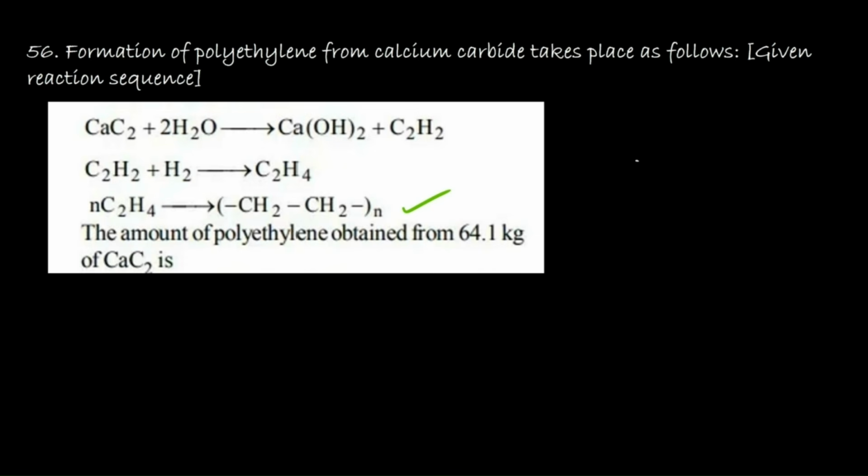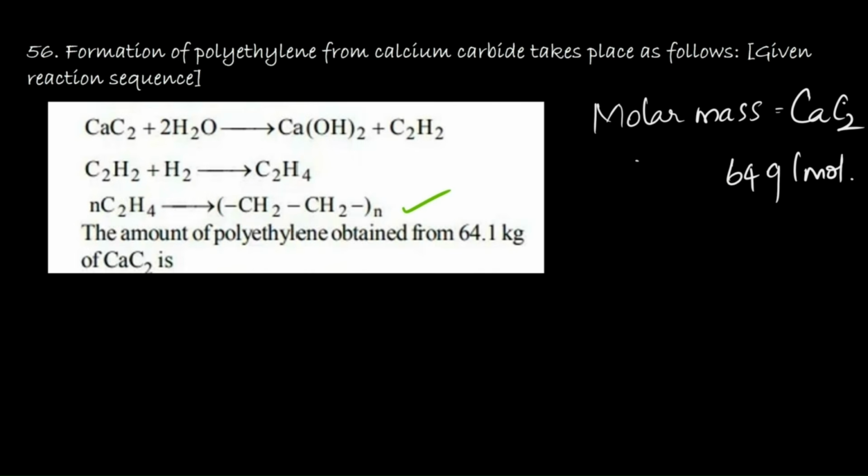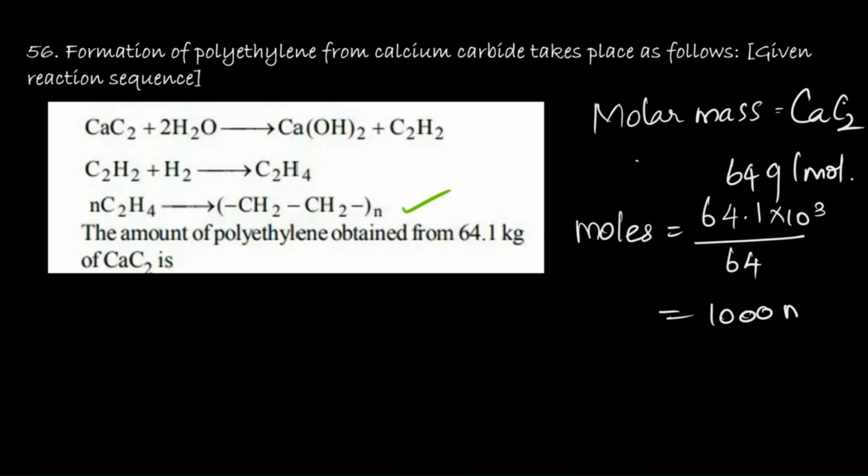All are in 1:1 ratio, correct? So first let's calculate the molar mass of calcium carbide: calcium is 40, carbon 2 carbons, so 12 into 2 is 24, 40 plus 24 is 64 gram per mole. 64.1 kilogram of calcium carbide is taken, which means moles is 64.1 into 10 to the power 3 divided by 64, which makes 1000 moles.